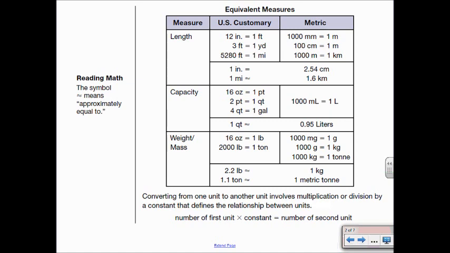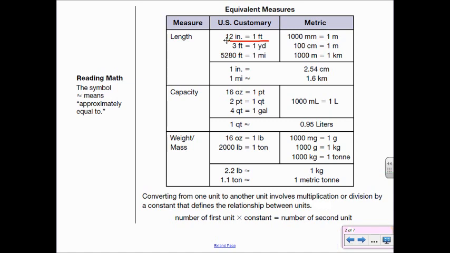So converting from one unit to another involves multiplication or division by a constant that defines the relationship between units. So the number of the first unit times that constant equals the number of the second unit. And what we're going to find as we go through these is that every single time you have something that is equal, you can base two fractions off of it.